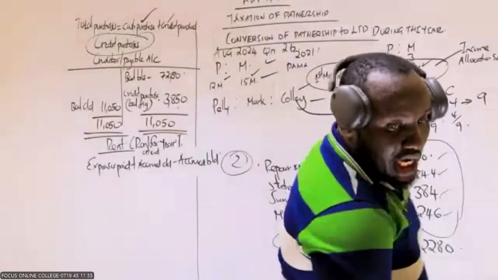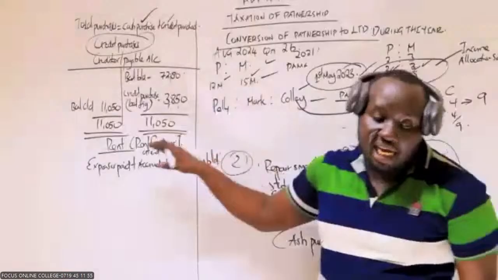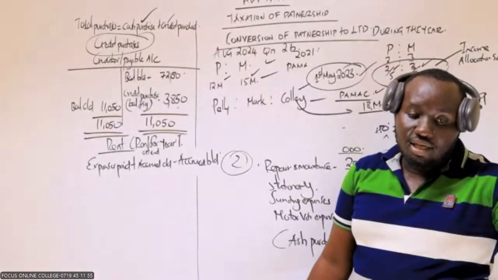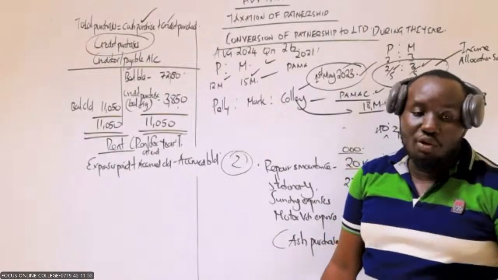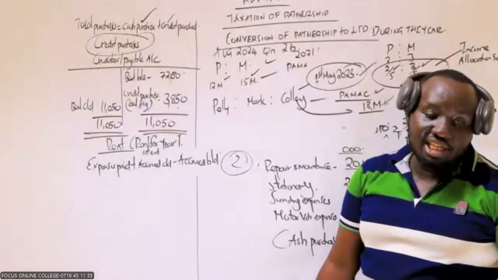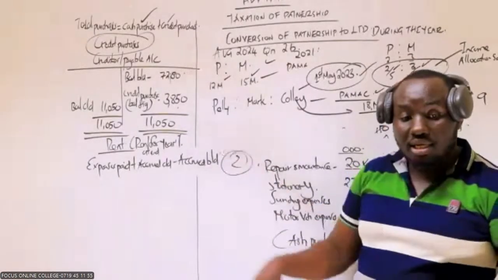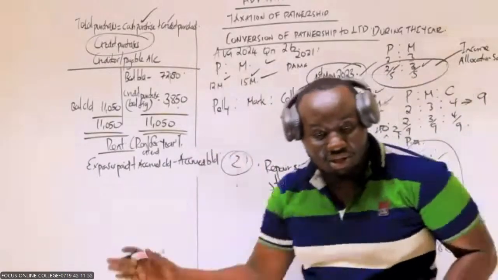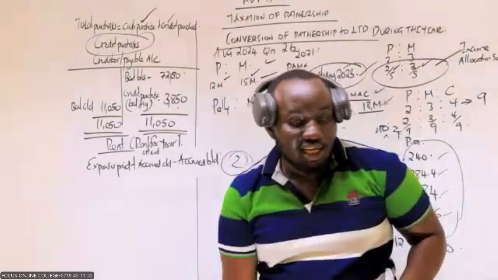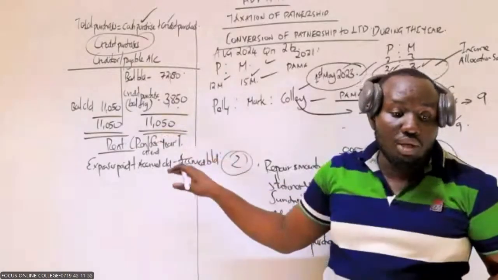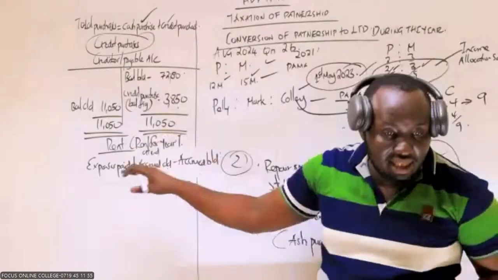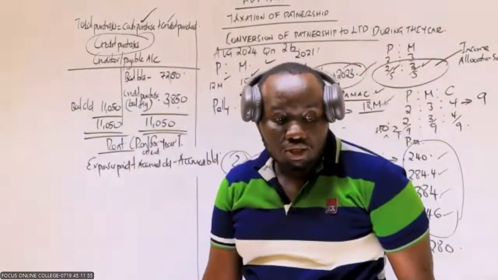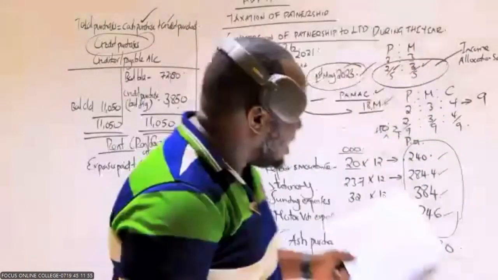Are we together? Did I explain the logic behind this by drawing the T format? Those who are in class and those who are new, you can join us. You will have the videos for this, for those who intend to join us based on how they feel after this class. There was something that we did. Do we remember this? So what is expenses paid in terms of rent?